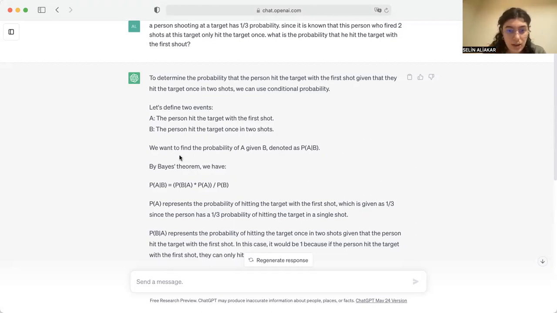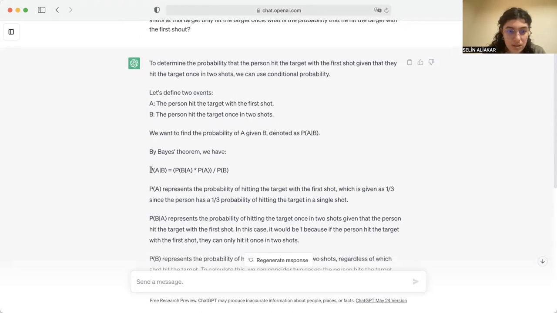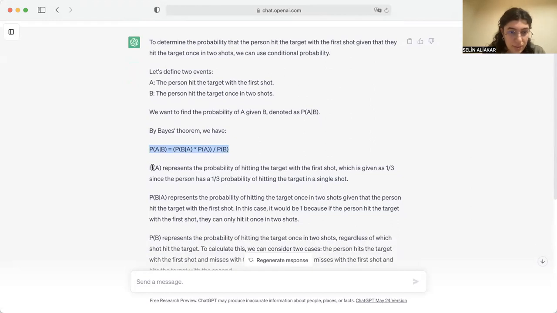And after that, it defined the Bayes theorem, and this is the Bayes theorem's formula. And after that, it says P(A) represents the probability of hitting the target with the first shot, which is given as 1/3, since the person has a 1/3 probability of hitting the target in a single shot.